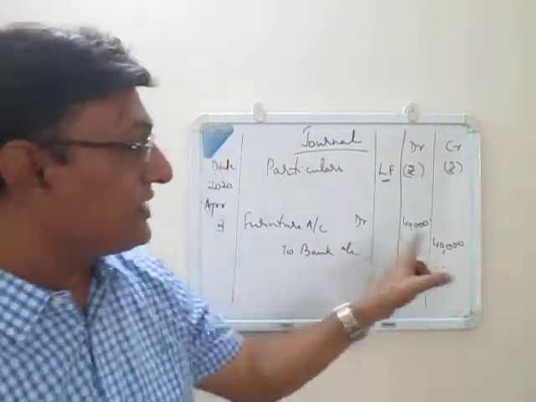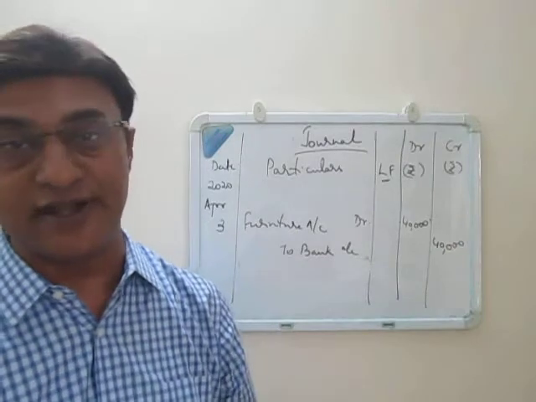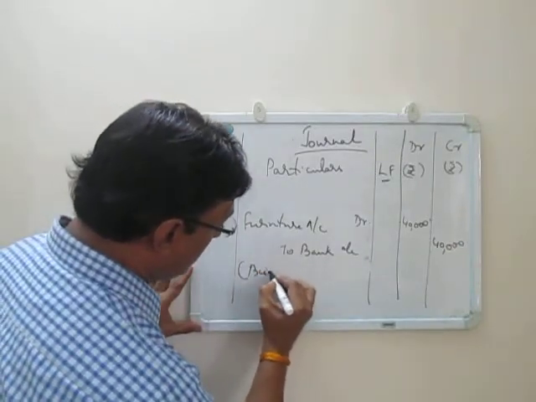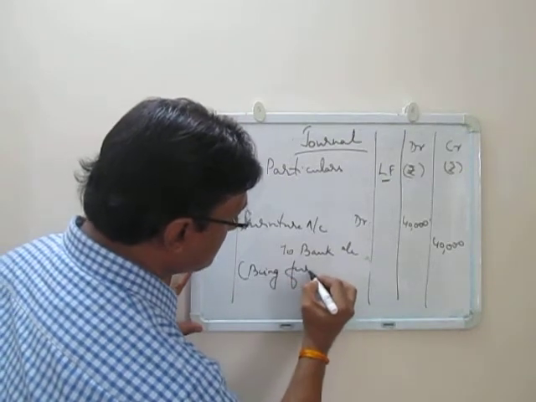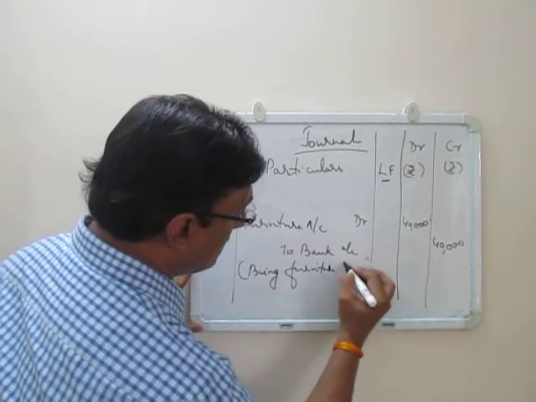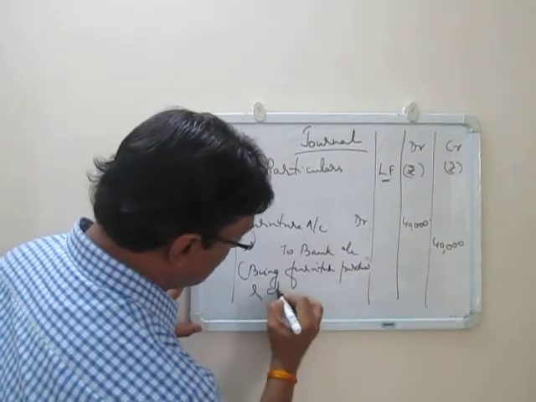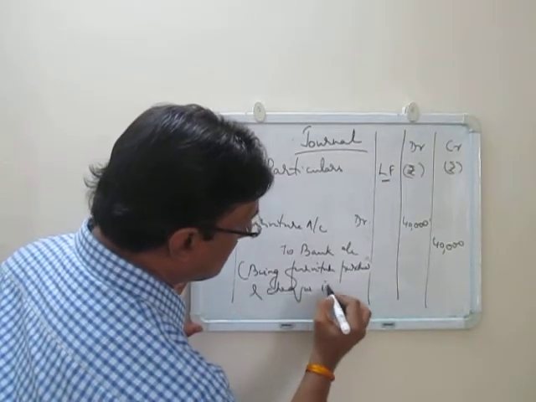So here 40,000 debited, 40,000 credited. So the narration to be mentioned here: being furniture purchased and check issued.